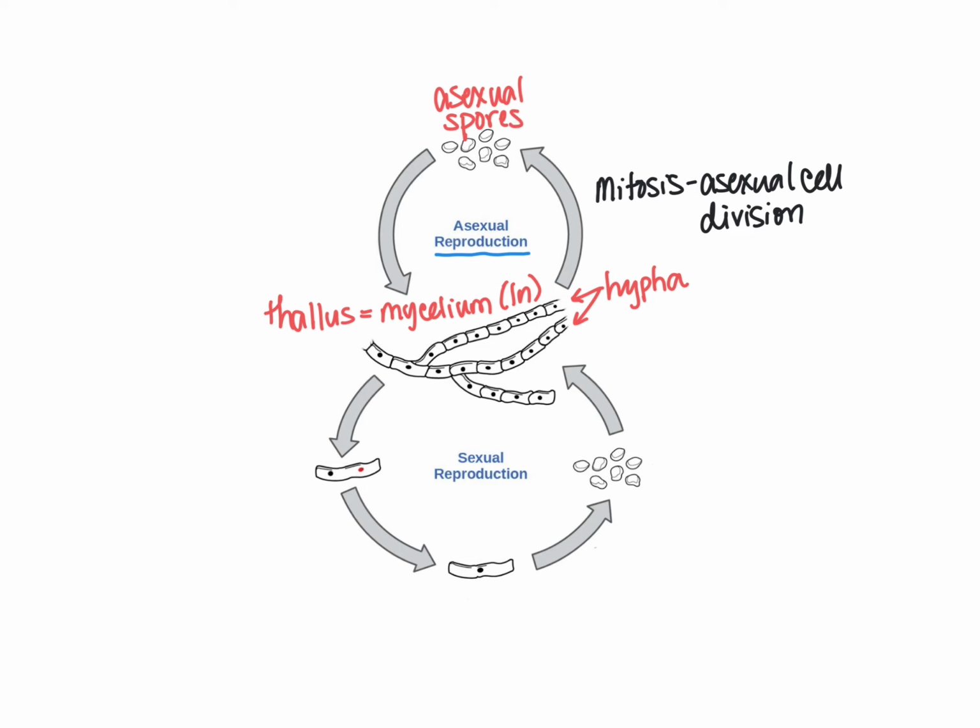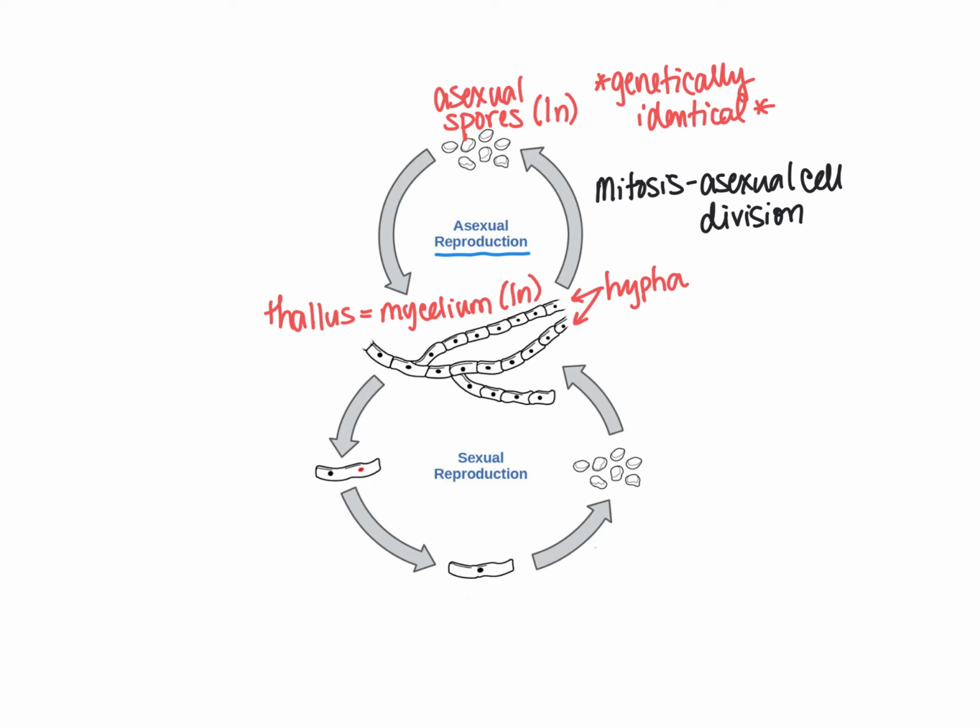These asexual spores are haploid, so 1N, they have one set of chromosomes. And remember, they are genetically identical to each other and genetically identical to the original mycelium.